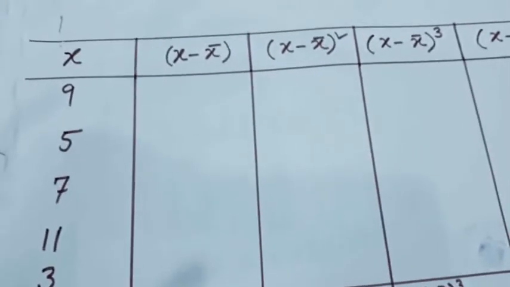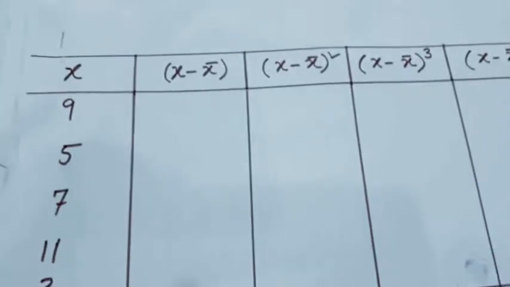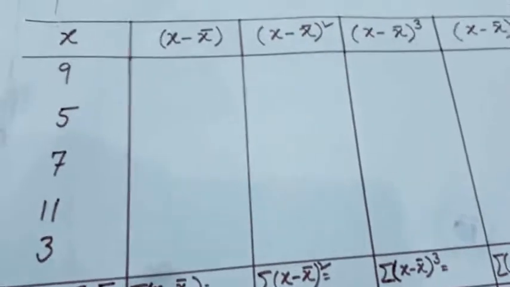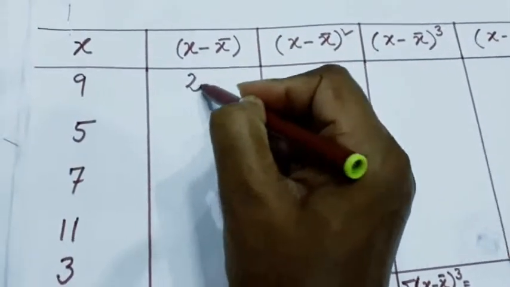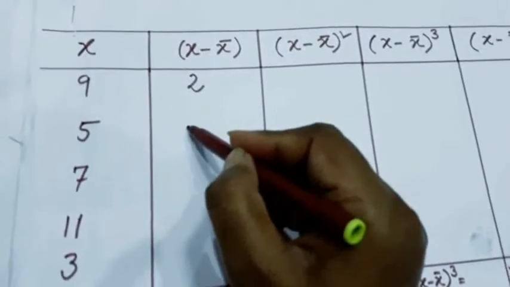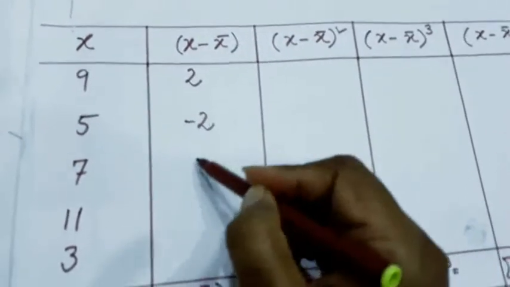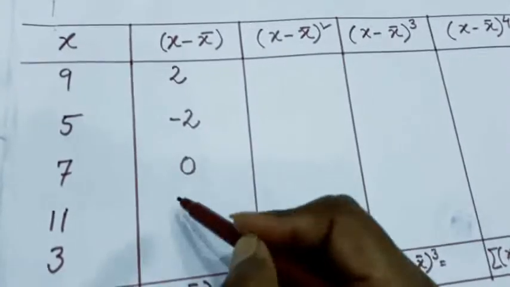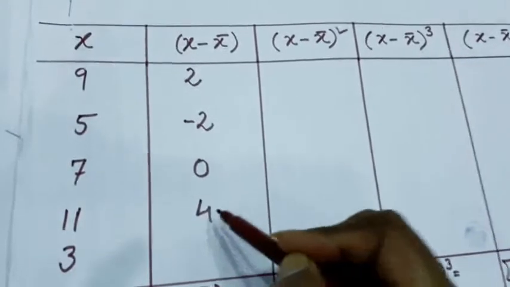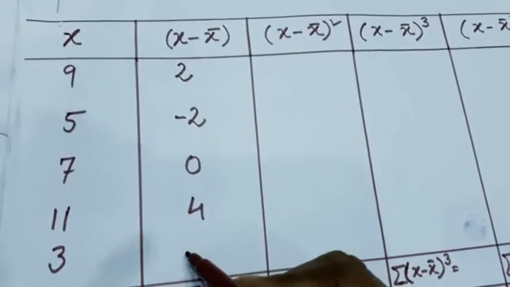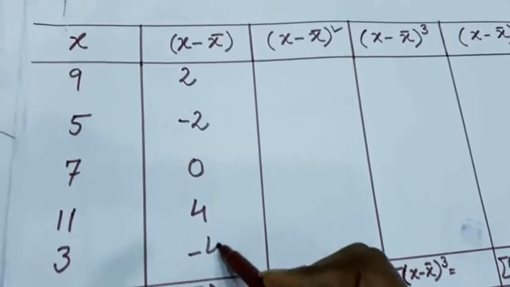So 9 minus 7 equals to 2. 5 minus 7, minus 2. 7 minus 7, 0. 11 minus 7, 4. 3 minus 7 is minus 4.